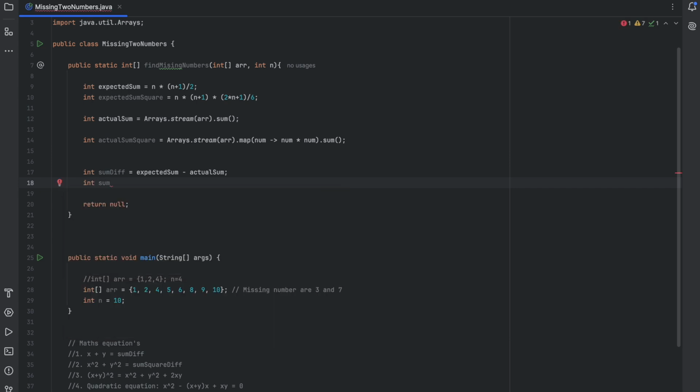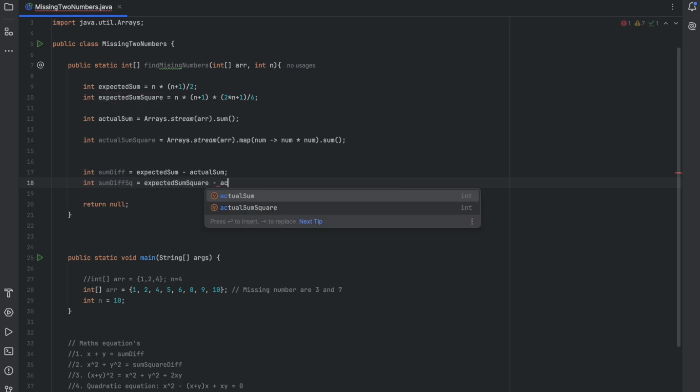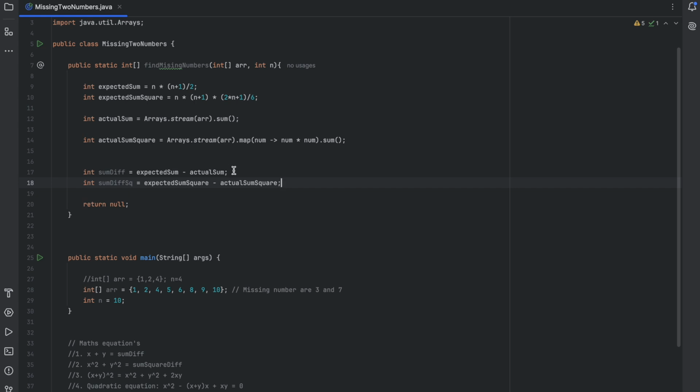Okay, and then we are going to calculate the sum difference square, we'll keep it short. Then expected sum square minus actual sum square. So this is maybe right also, x plus y, and this will give us x power 2 plus y power 2.